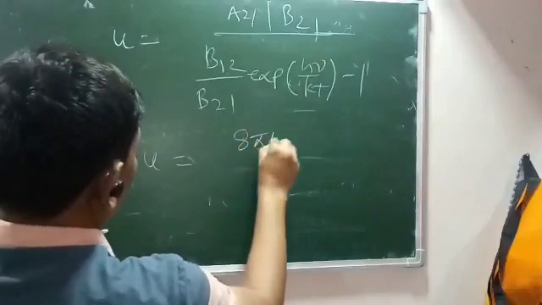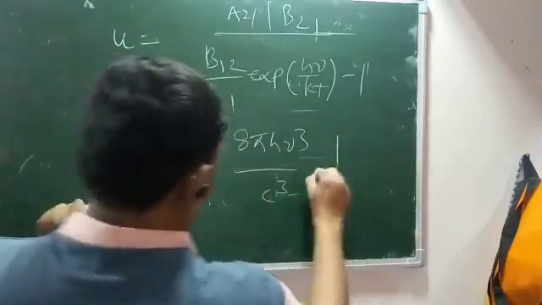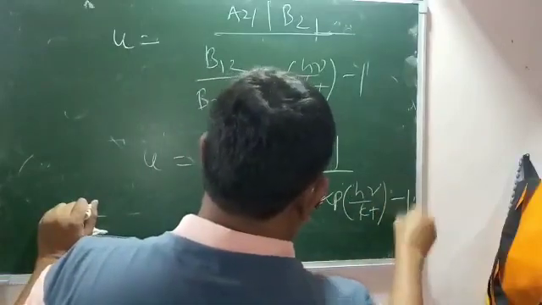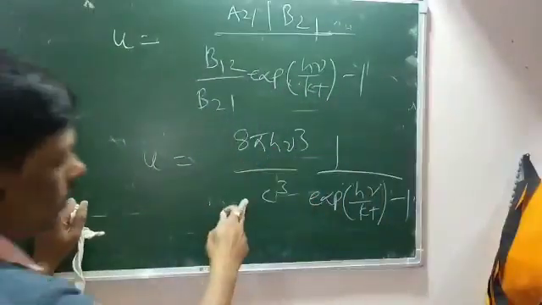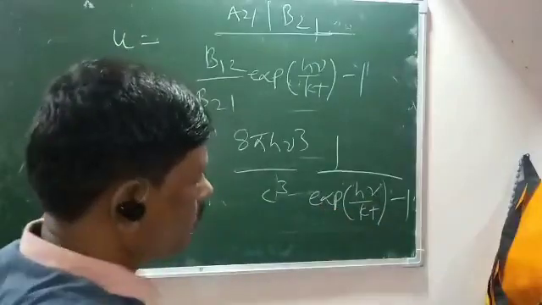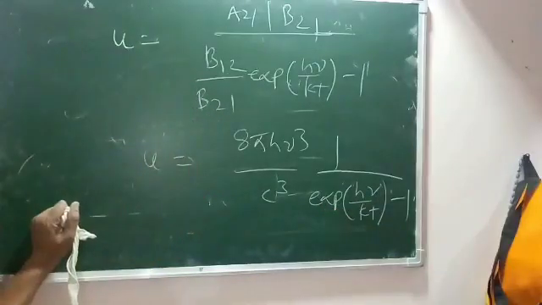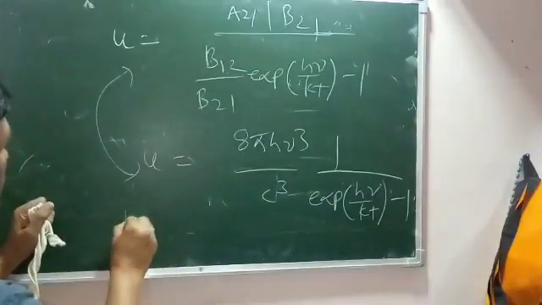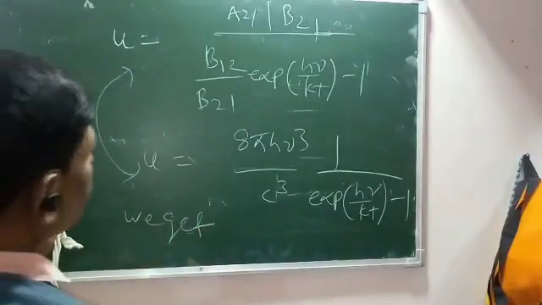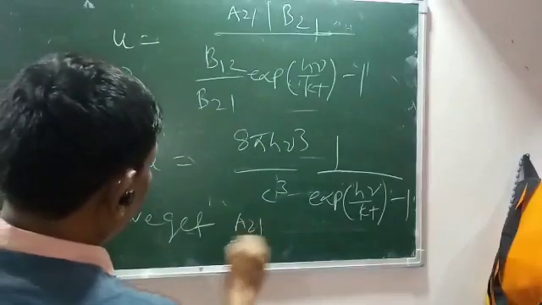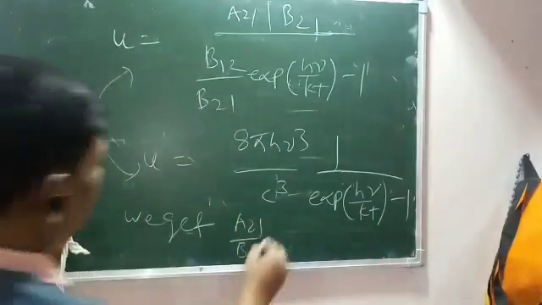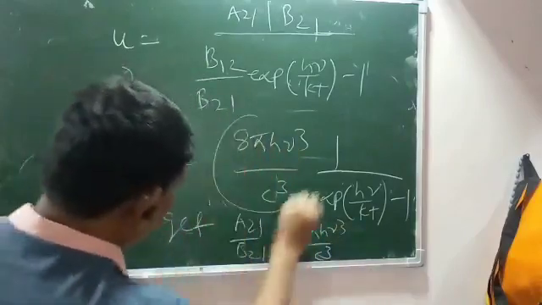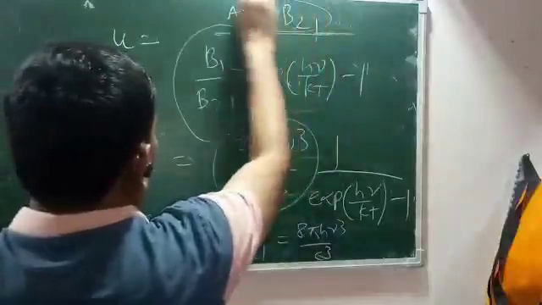The Planck radiation formula is 8 pi h nu cube by c cube into 1 upon exponential of h nu by kT minus 1. Comparing these two equations, we get A21 by B21 is equal to 8 pi h nu cube by c cube. This term is equivalent to this term.